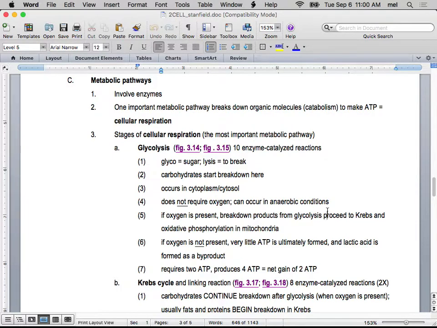Can somebody remind me one of the impacts of accumulating carbon dioxide? Acidification. Yes, it causes acidification, which will, of course, challenge your homeostasis. It changes the shape of your proteins that we were talking about. Water is not much of a problem as far as a byproduct. This is metabolic water, but it just mixes with all of the other water in your body, no big deal.